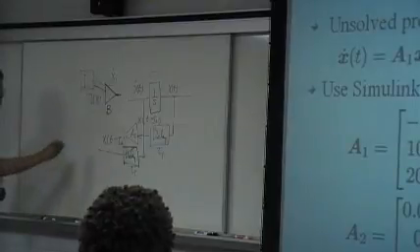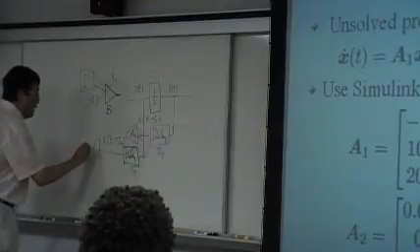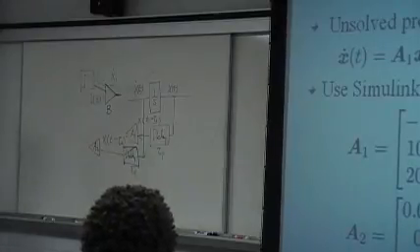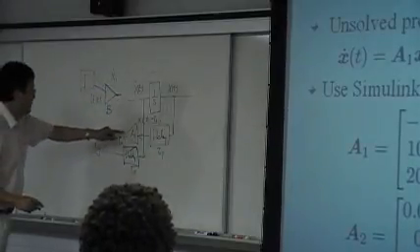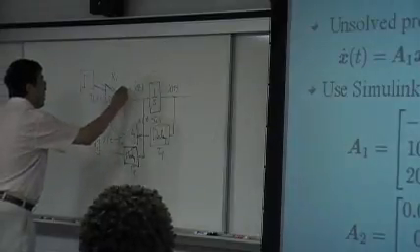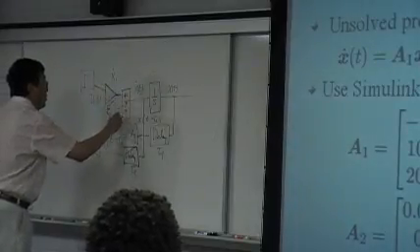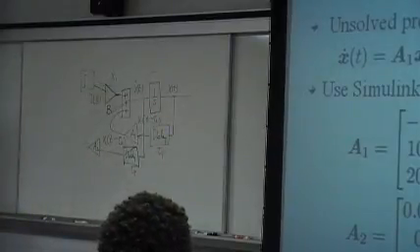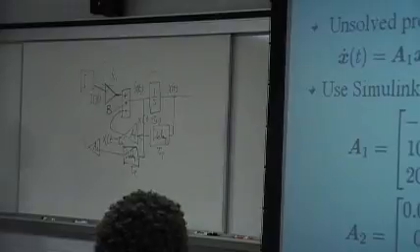And we can also multiply it by the A2 matrix. And now we have to add these three signals together. Then we can create a simulation system for the delay differential equation.